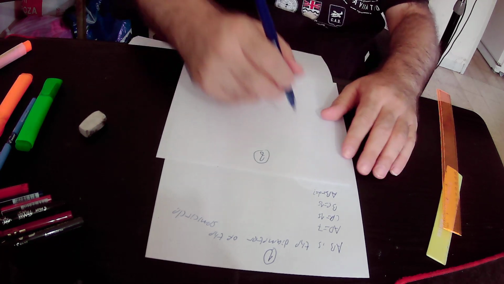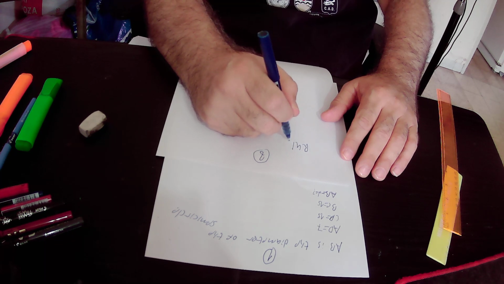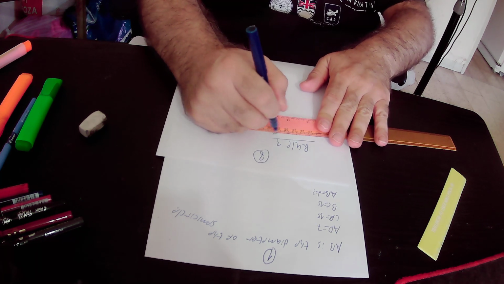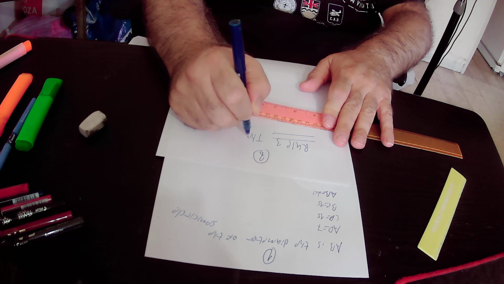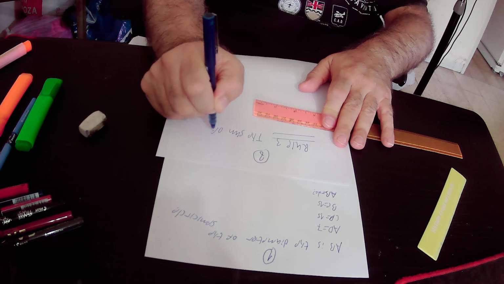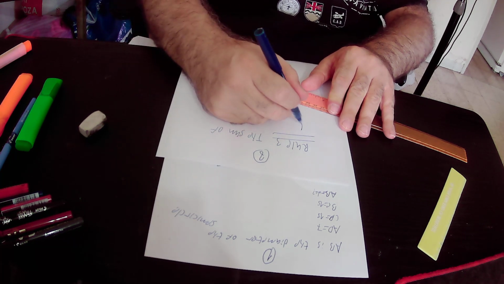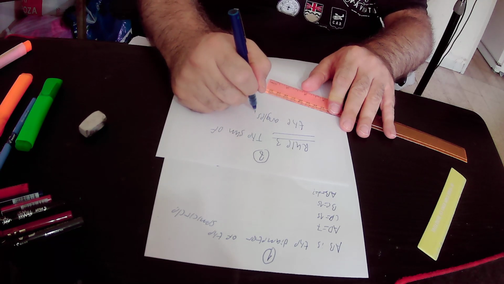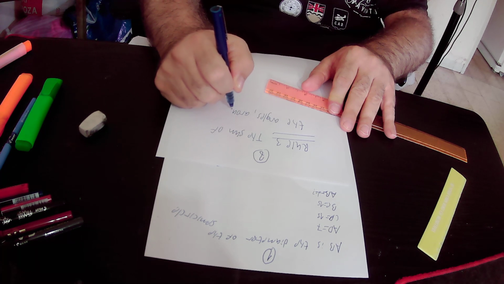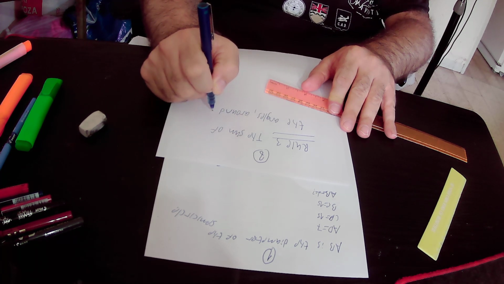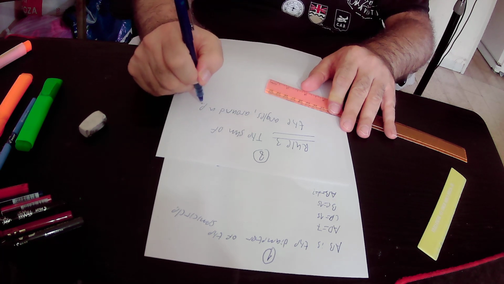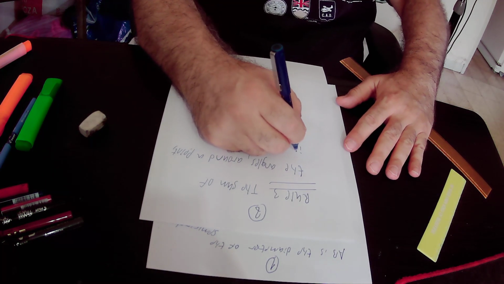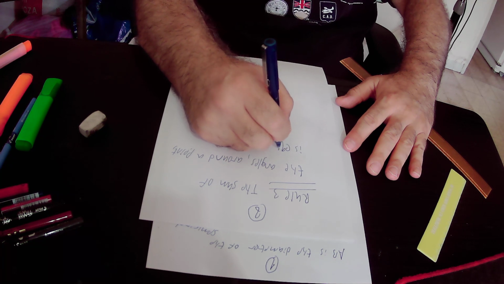Rule number 3 states that the sum of the angles around a point is equal to 360 degrees.